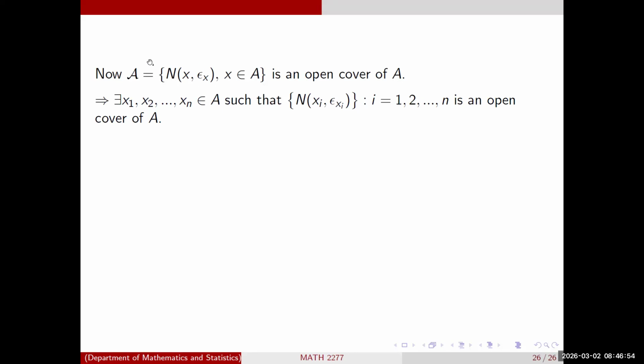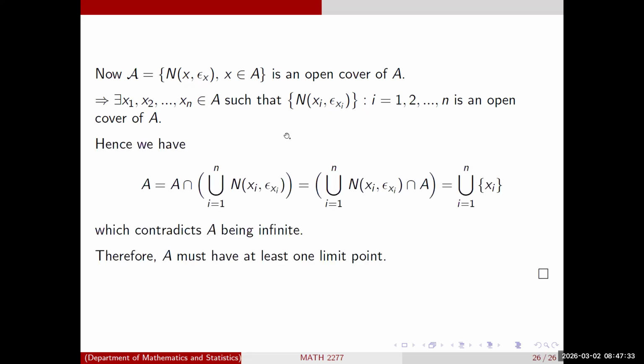I'm collecting from this original cover that may have so many neighborhoods in here, and it turns out I don't need all of them. I just need n of them. So collect those neighborhoods with center xi and corresponding radius epsilon sub xi, where i goes from 1 to n. So we have n of these neighborhoods. It turns out that I could still cover A with just n of them. So this is a finite subcover.